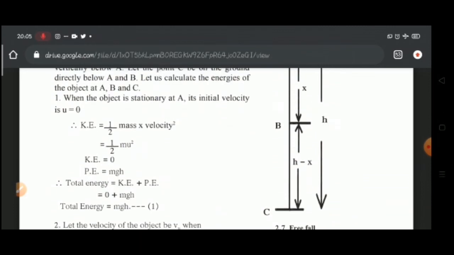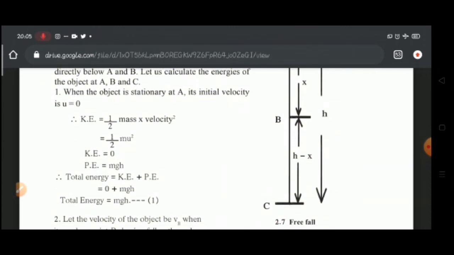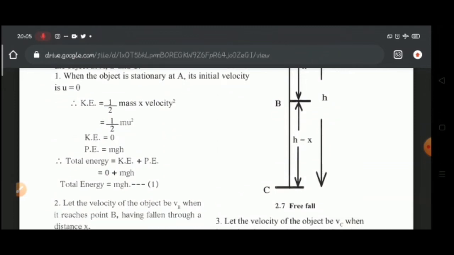In the first situation, the kinetic energy, as we know the formula, is half mv square, that is half mass into velocity square, and here the velocity is u. Since we are not considering any movement, the velocity is definitely 0, and the potential energy as usual is mass into gravitational force into height.